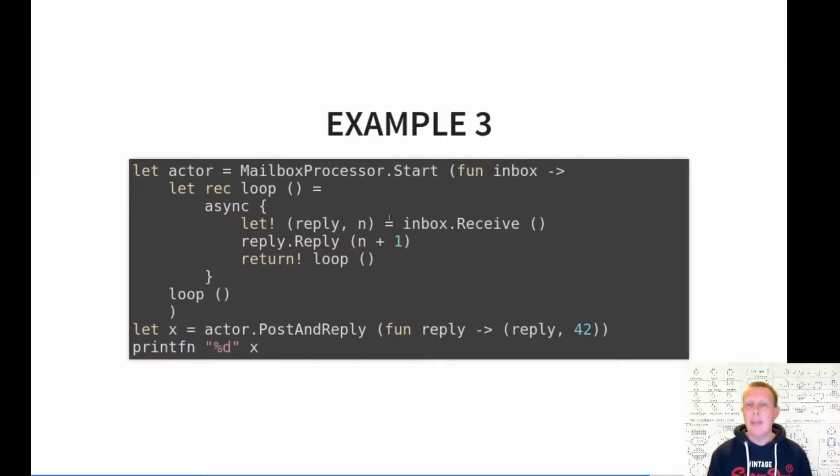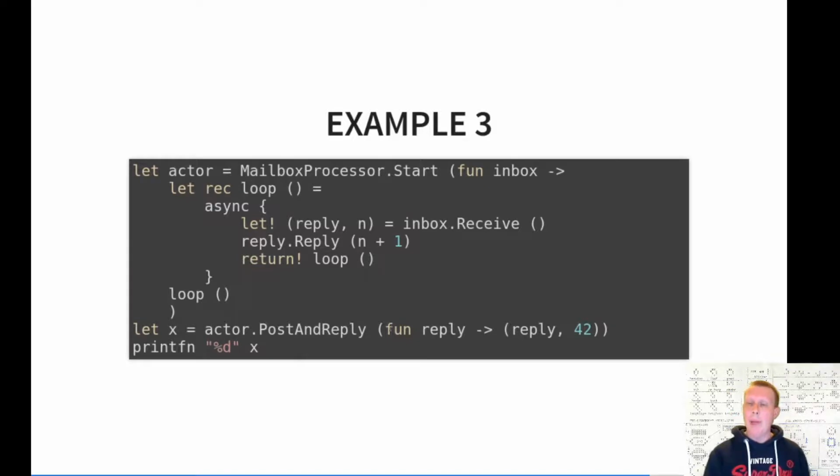I don't save any state here. This is just the agent-based add one. So it's a kind of complicated way of adding one to an integer, but it drives home the message. The way we use this is I say, let x is actor, and then instead of saying post, I say post and reply.